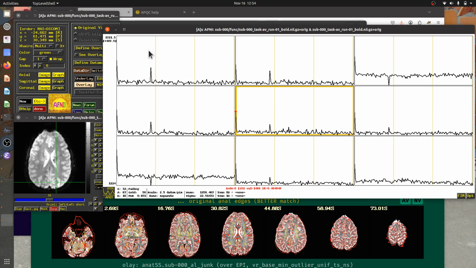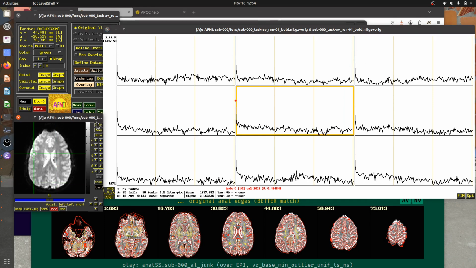Uniformly, the first couple time points are always, always, always higher than the rest. This is a hallmark of having pre-steady state. It's not a problem. It's just that some scanners leave in the time series the time points where the magnetic field is normalizing or reaching saturation for the start of the acquisition of data. Some scanners remove this automatically, some leave it in.